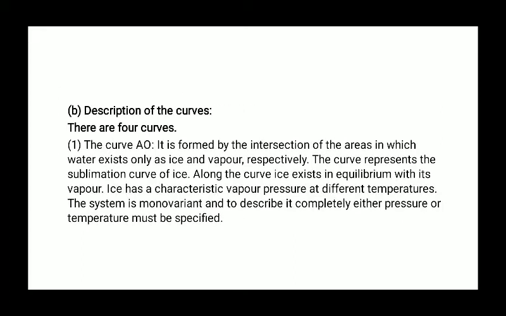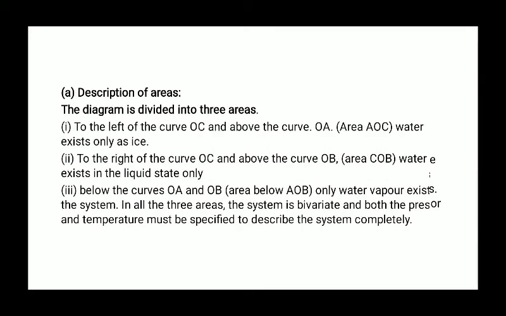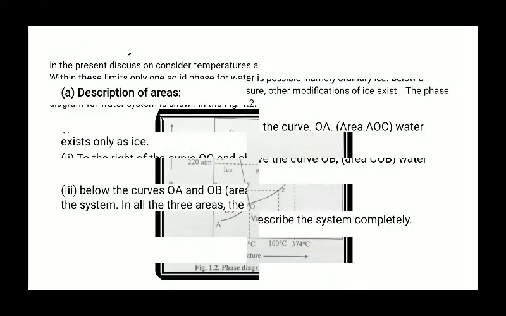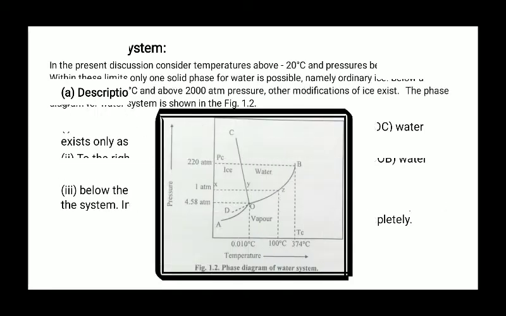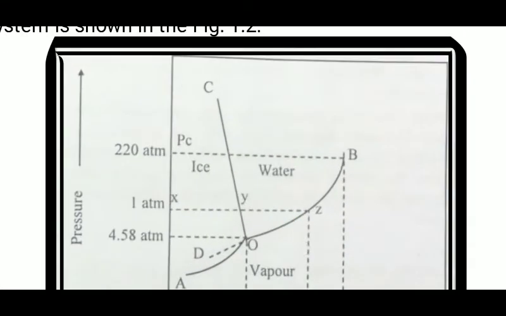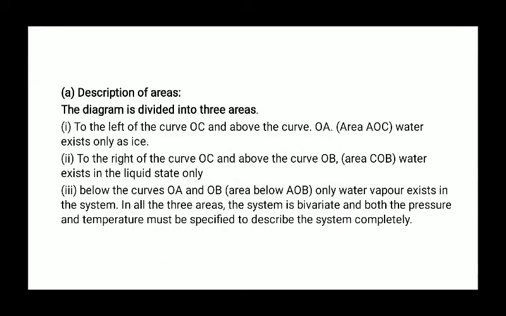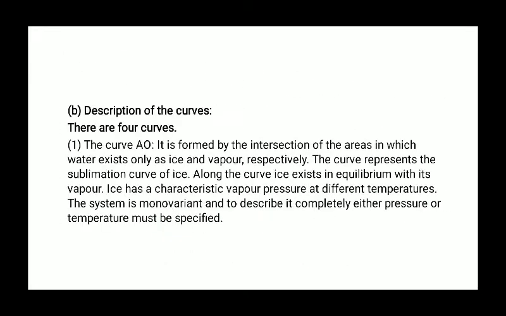There are three curves: curve AO, curve OC, curve OB. Curve AO is formed by the intersection of the areas in which water exists only as ice and vapor respectively.